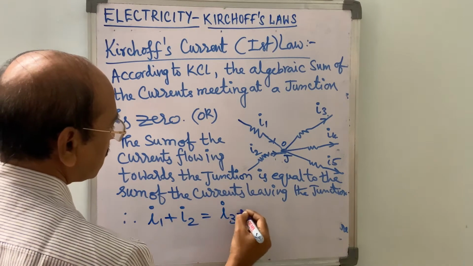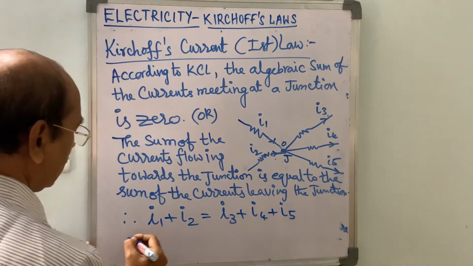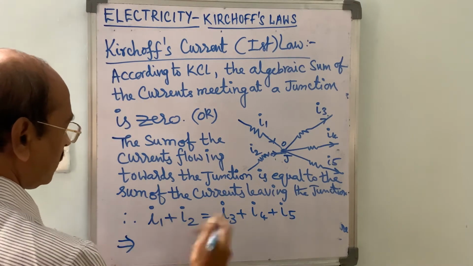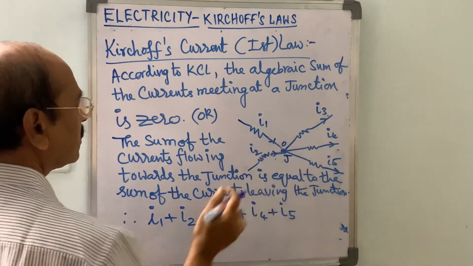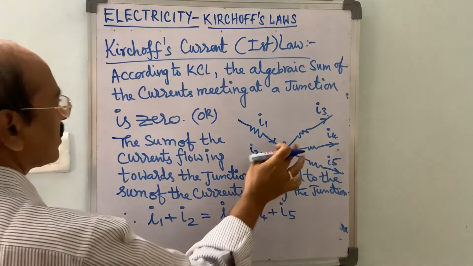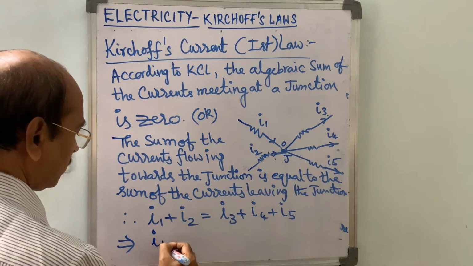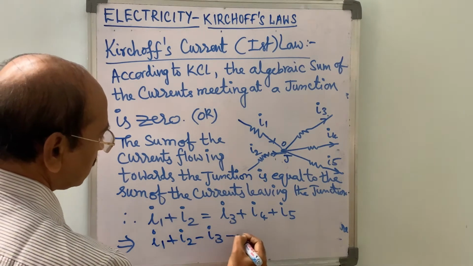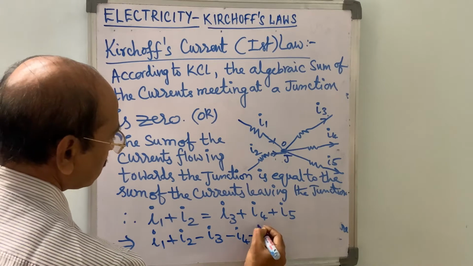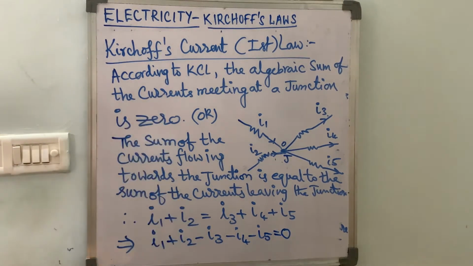The currents leaving the junction are I3, I4 and I5. According to the first statement, when I1 and I2 are taken as positive and the currents leaving the junction, I3, I4, I5, are taken as negative, then I1 plus I2 minus I3 minus I4 minus I5 equals 0. The algebraic sum is equal to 0.